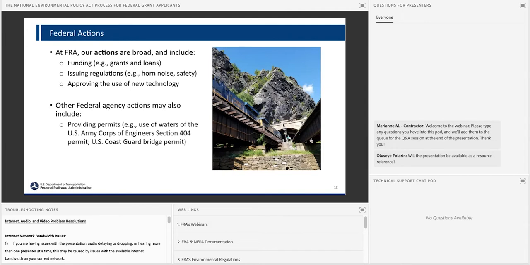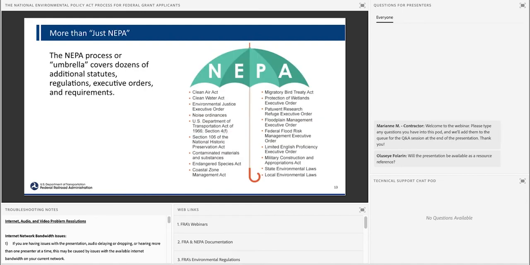It is also important to note, as NEPA does apply to all federal agencies, today we're going to be focusing most on our FRA actions and FRA expectations, but other federal agencies like the Corps of Engineers or the Coast Guard do have NEPA responsibilities if applicants are applying for, say, a Corps of Engineers wetland permit or Coast Guard bridge permit. So you may hear us several times also talking about other agencies' environmental requirements as well.